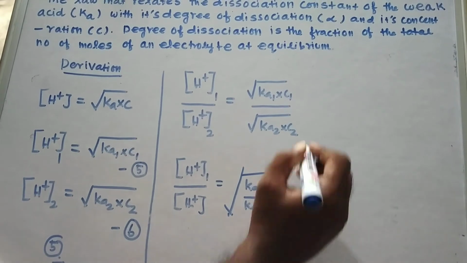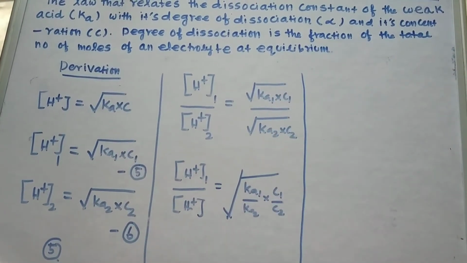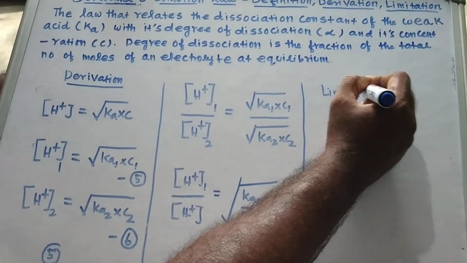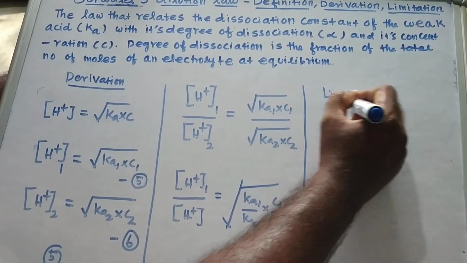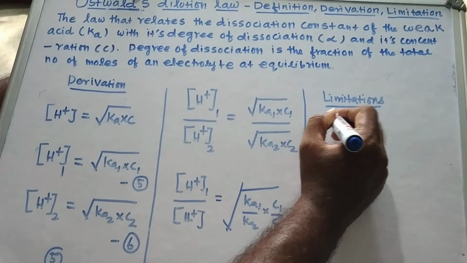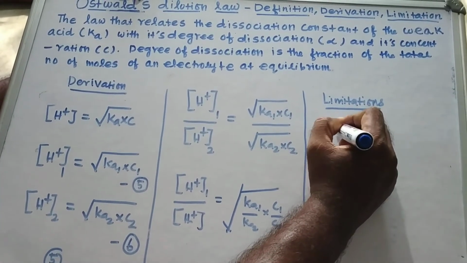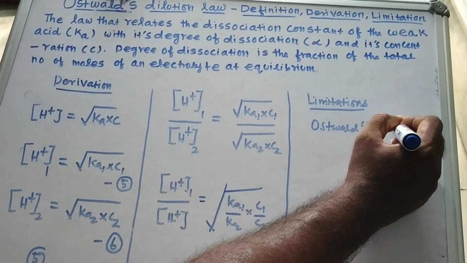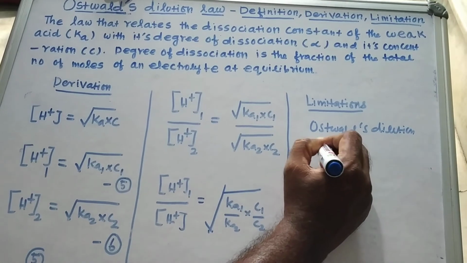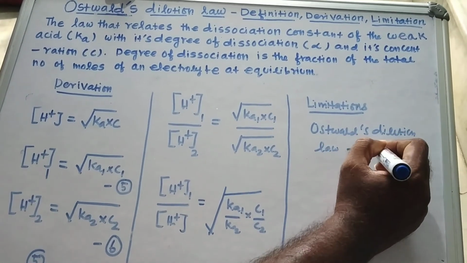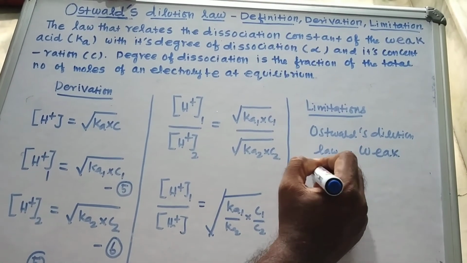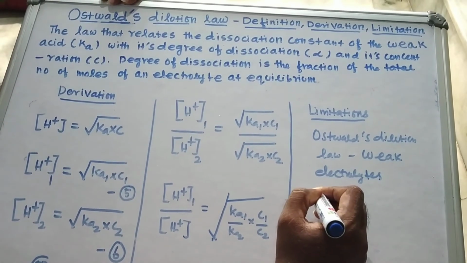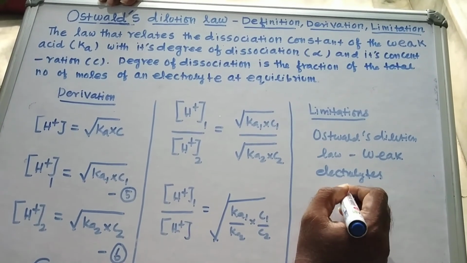Okay students, now we are going to see the limitations. Ostwald's dilution law is fit only for weak electrolytes, because in this case alpha is not equal to 1.